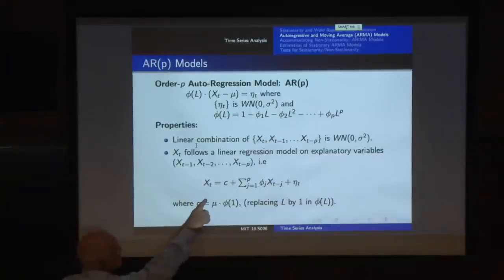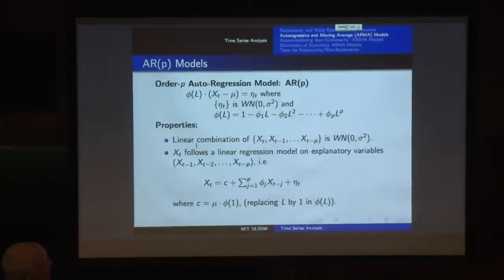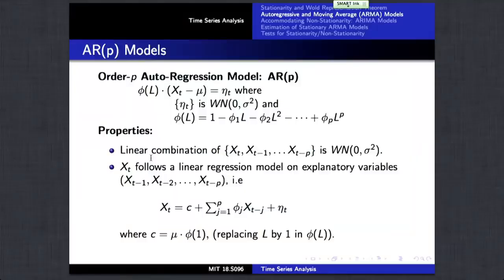And this can be expressed as xt equal to c plus the sum from 1 to p of phi j xt minus j, which is a linear regression model with regression parameters phi j. And c, the constant term, is equal to mu times phi of 1. Now, if you basically take expectations of the process, you have coefficients of mu coming in from all the terms, and phi of 1 times mu is the regression coefficient there.